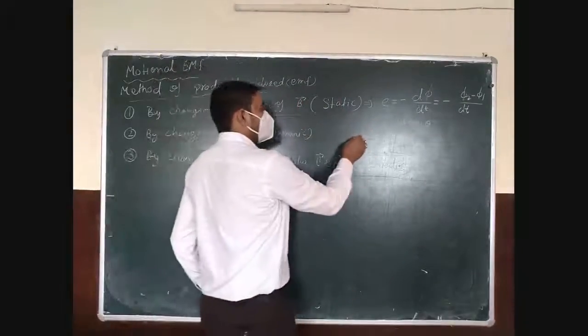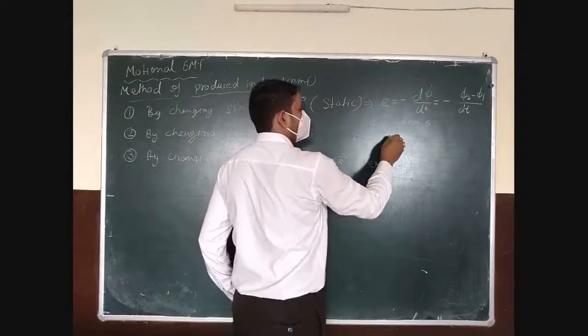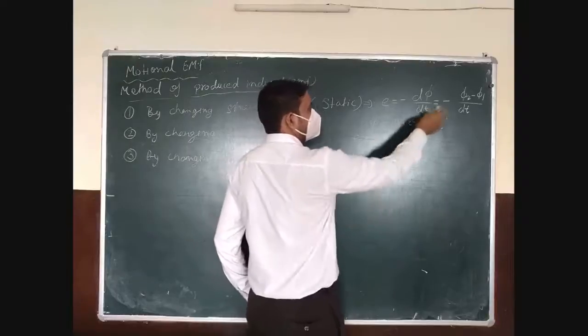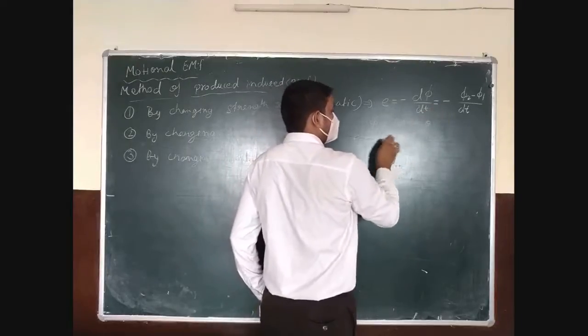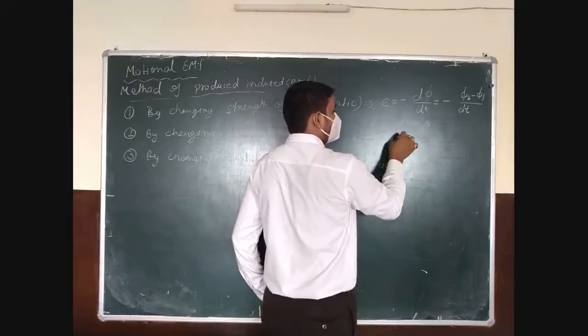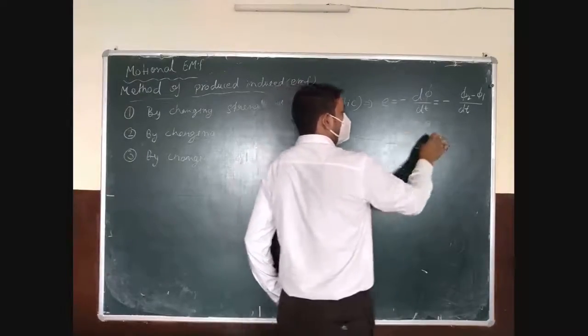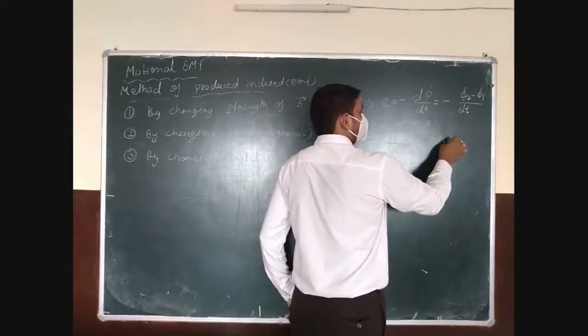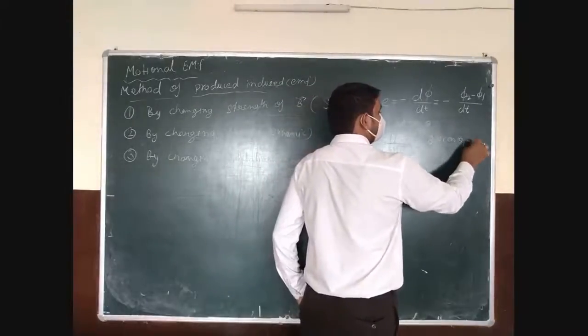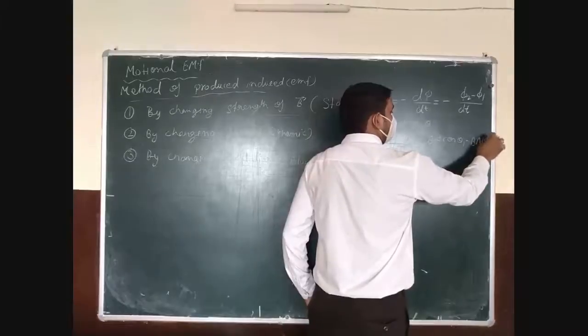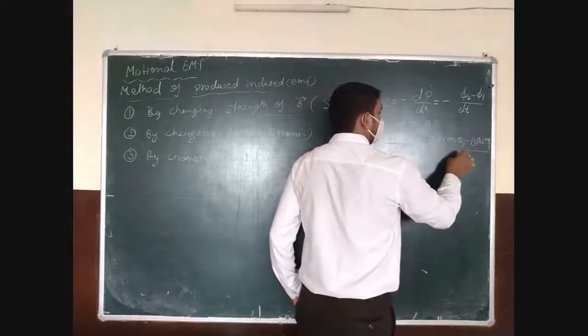So this EMF is equal to minus, or you can say, (phi1 minus phi2) upon t, using the value B A cos theta1 minus B A cos theta2 by dt.